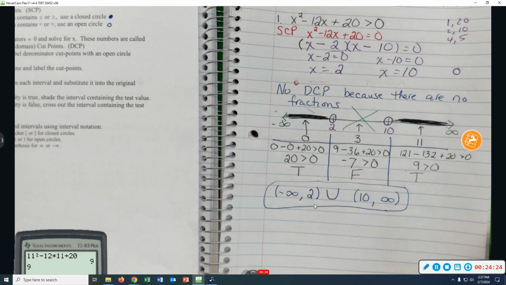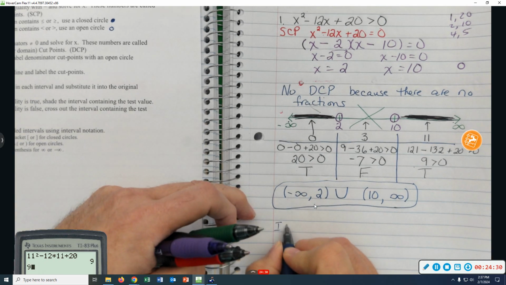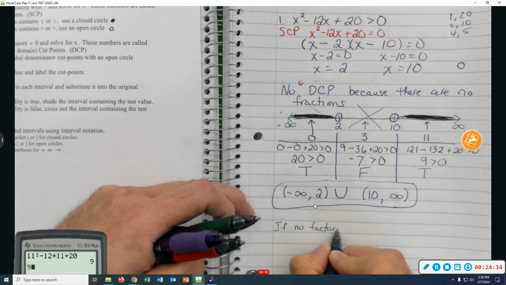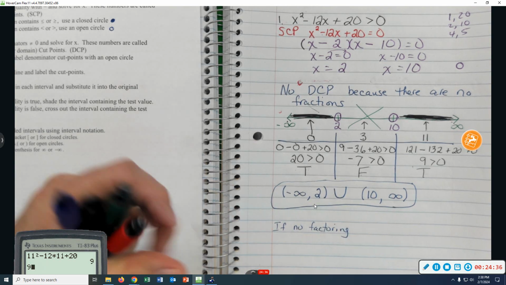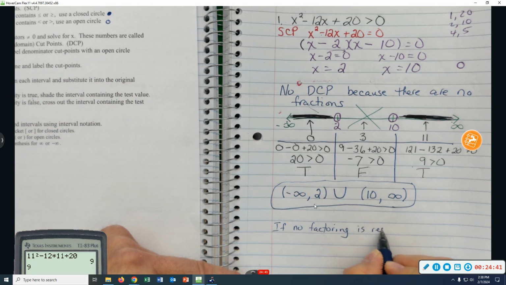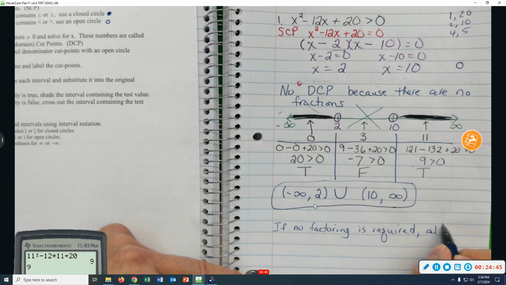How can I look at these and say, oh, it's going to alternate? Well, if you have nothing but linear equations, if no factoring is required, it alternates.